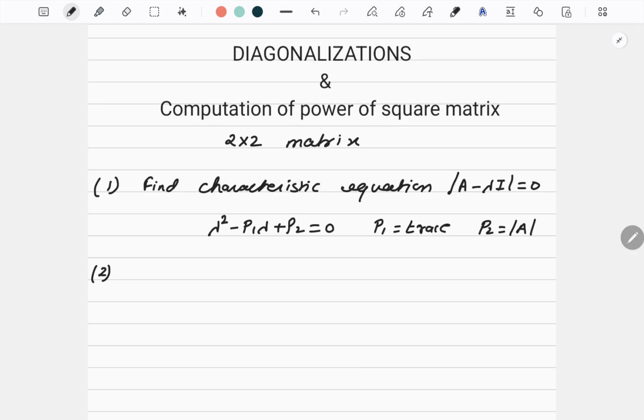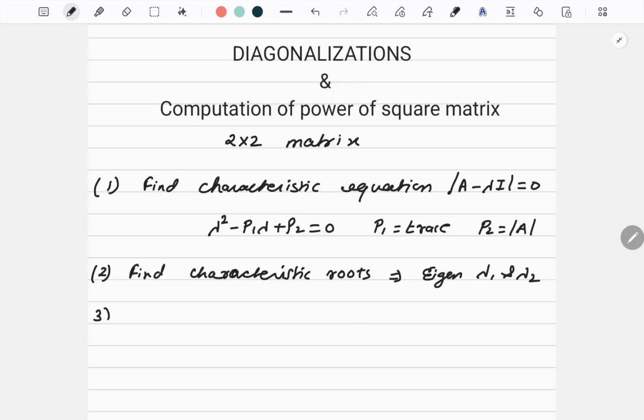Second step: once you get the characteristic equation, find the characteristic roots, that is, the roots of this equation, which give you the eigenvalues. So those will become your eigenvalues lambda 1 and lambda 2.